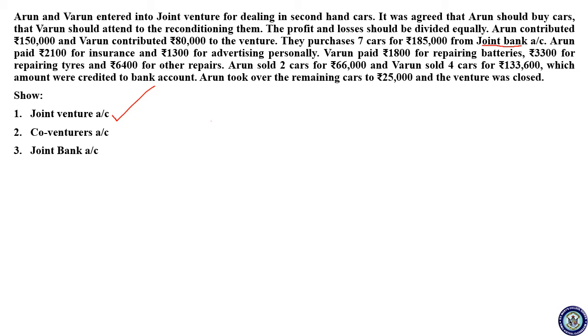So what is the journal entry? It is joint venture account debit. Why joint venture account debit? Buying cars is an expense, and expenses are debited.